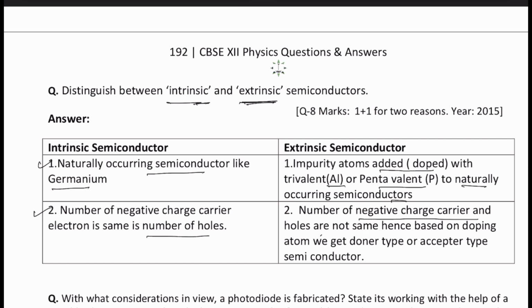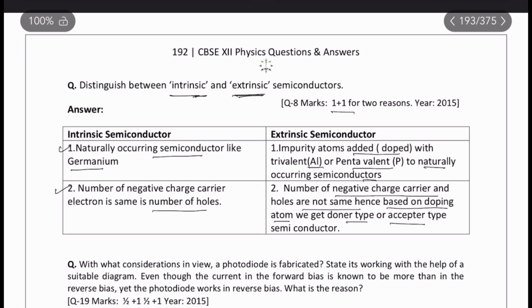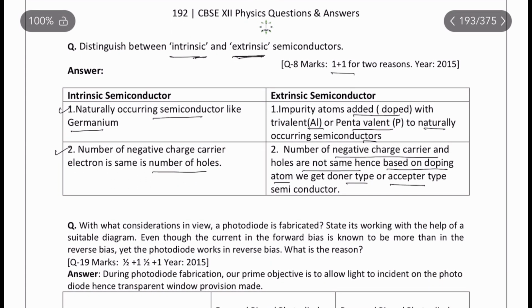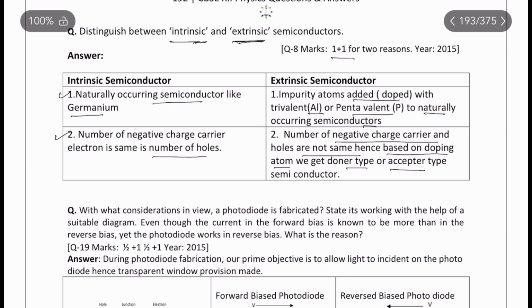Hence, based on the doping atom, we get donor type or acceptor type, P type or N type semiconductor. So this is the difference. 1 plus 1 marks for two distinguishing features. We have 2 marks allocated. You can take the screenshot.